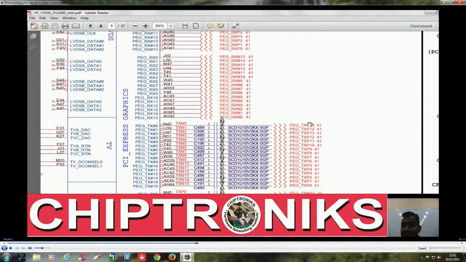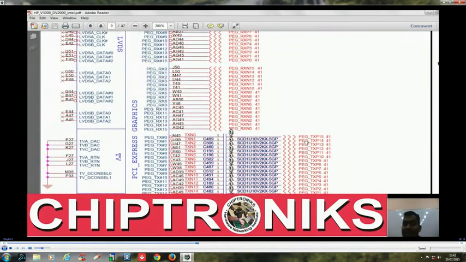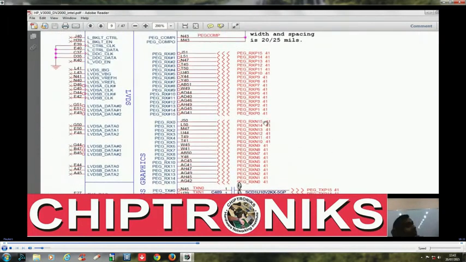TXP means transmit positive, TXN means transmit negative. Why there are 2 wires for transmitting and 2 wires for receiving is a deeper question. But I would just say that there are 2 wires because we don't want noise while communicating between 2 electronic chips. We don't want those noises. That's why we have 2 wires.